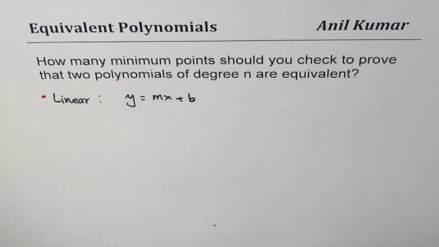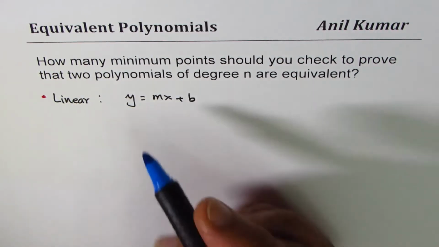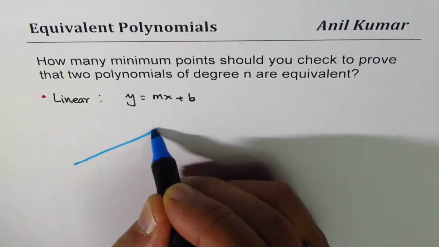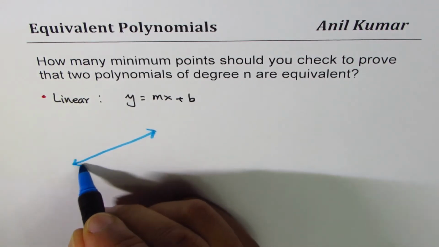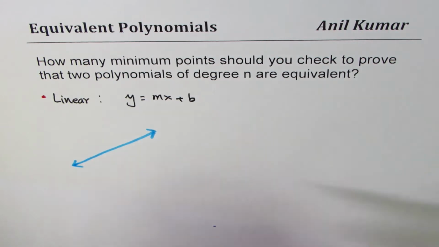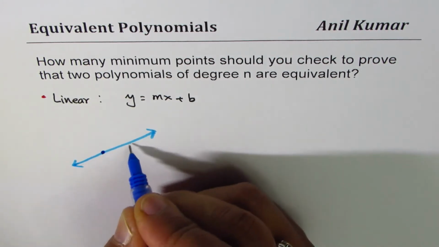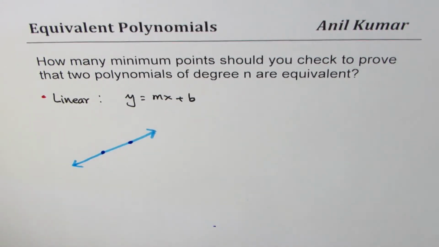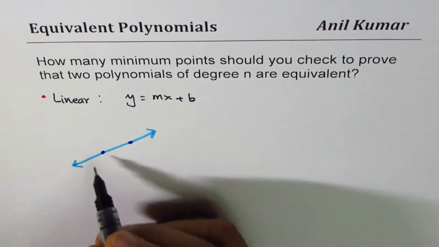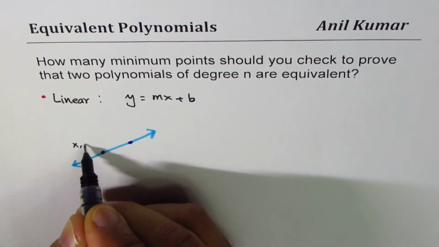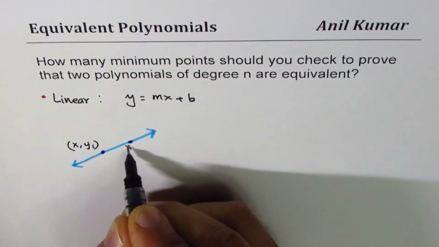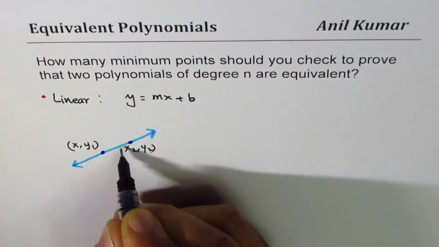Now that results in a straight line, kind of like this. By taking any 2 points on the line, we can define a line, right? So let us say these points are x1, y1 and x2, y2.